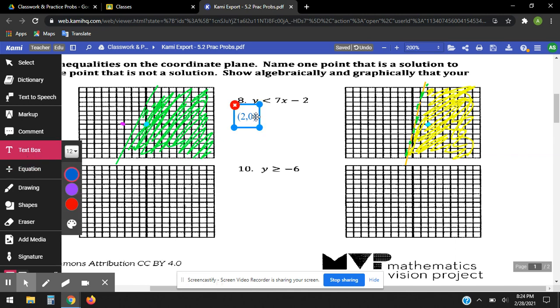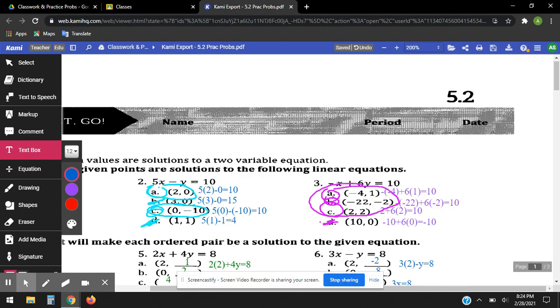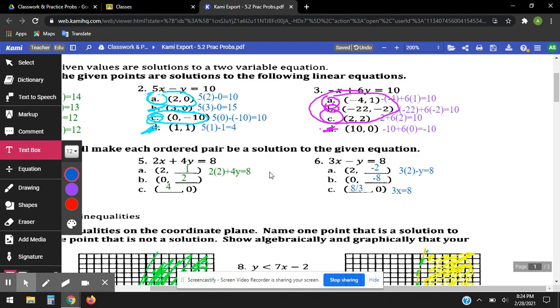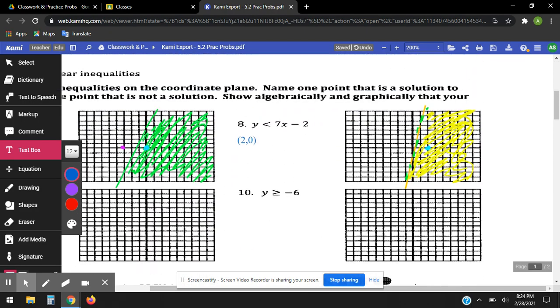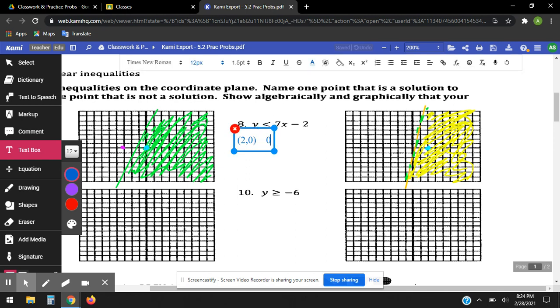We can just keep going in here. Lost my page. Here we go. Go back to this guy. All right. So we're going to do 0 is less than 7 times 2 minus 2. Well, 14 minus 2 is 12. 12 is greater than 0, so that one works.